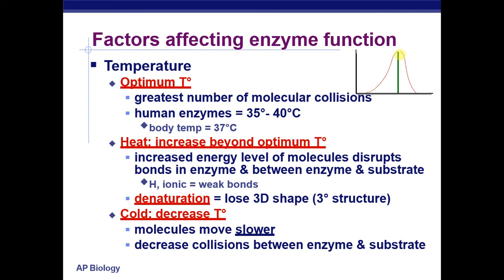That heat will start to disrupt the tertiary structure, the secondary structure, interrupt the hydrogen and ionic bonds between our R groups, and then the enzyme is going to lose its tertiary shape. Its shape is going to change, and the substrate won't be able to fit into the active site anymore.